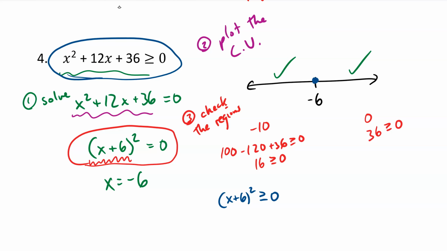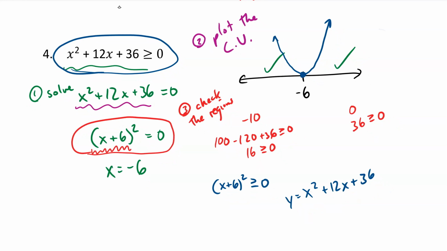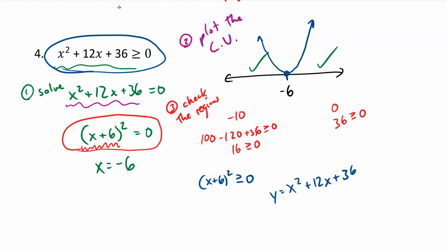The associated parabola, y equals x squared plus 12x plus 36, opens upward with just that single x-intercept at that point. And so the final answer to this problem, of course, is all real numbers, -infinity to infinity.